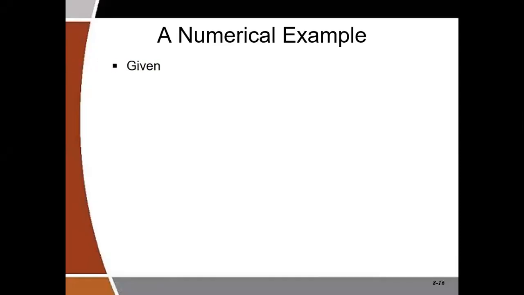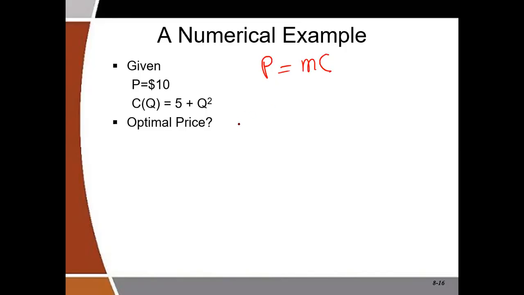Okay, let's look at an example. This example says that price is equal to $10 and total cost is 5 plus Q squared. And we've said that at profit maximization for a perfectly competitive firm, the price should be equal to marginal cost.